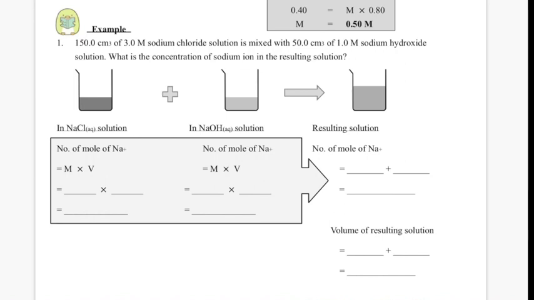Again, you can use a highlight pen to highlight the detail. And then it's mixed up with 50 cm cube of 1 molar sodium hydroxide solution. And what is the concentration of sodium ion in the resulting solution? So here, let's circle the part we need to do unit conversion first.